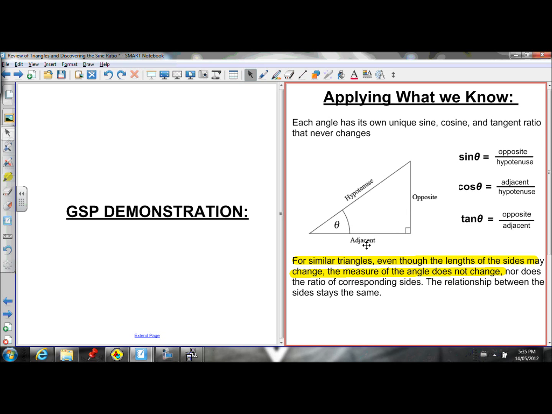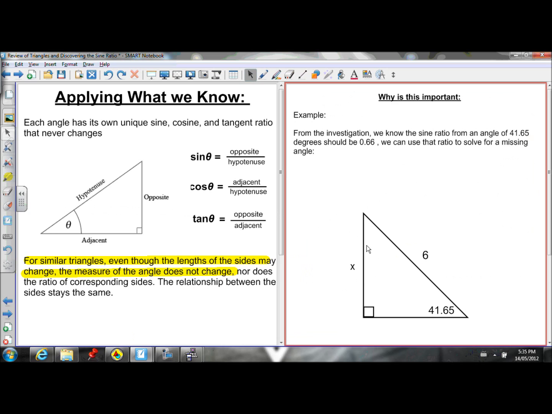So why is this important? From the investigation that we did on GSP, we know the sine ratio from an angle of 41.65 should be 0.66. If we have a 41.65 degree angle in there, the ratio of the opposite side to the hypotenuse should be 0.66 for all right angle triangles with a reference angle of 41.65.